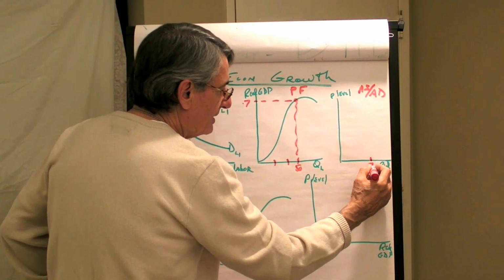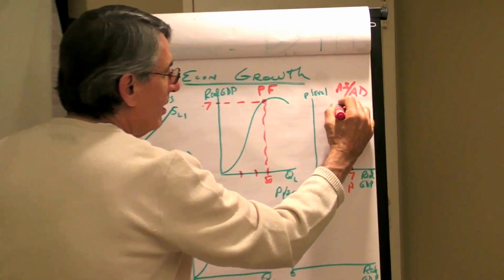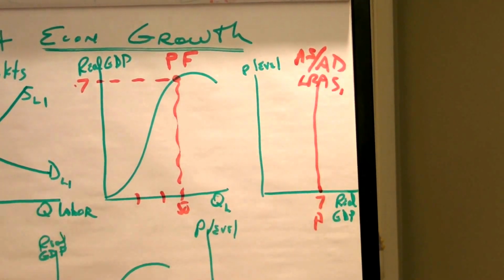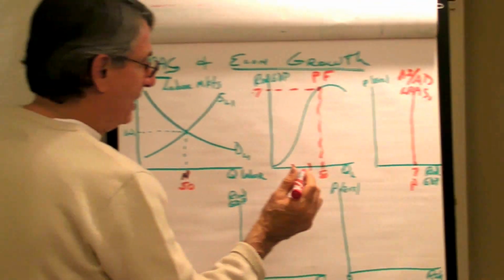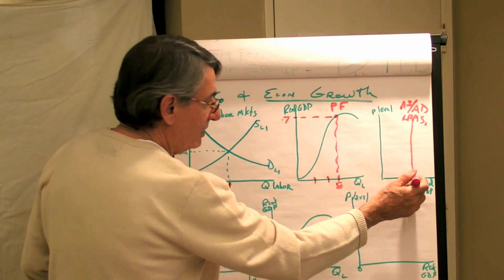That means our potential level of output is 7 trillion. So our long-run aggregate supply is $7 trillion. It's vertical because it doesn't depend on the price level at that point. So that's how we determine this.